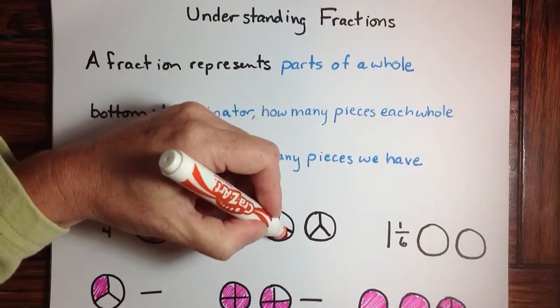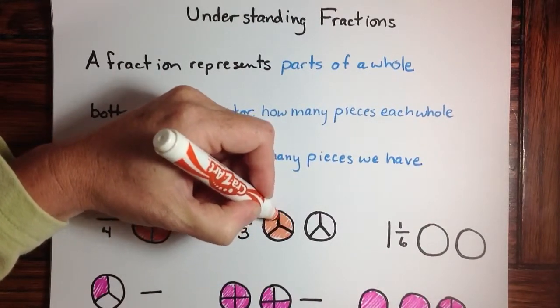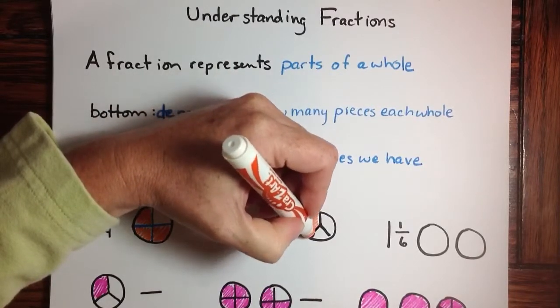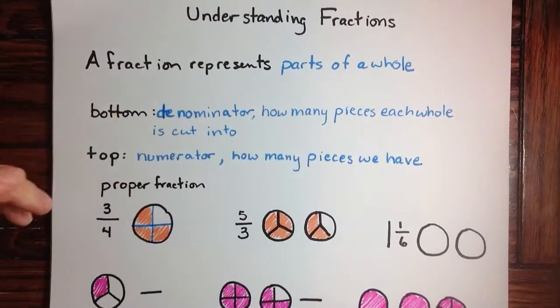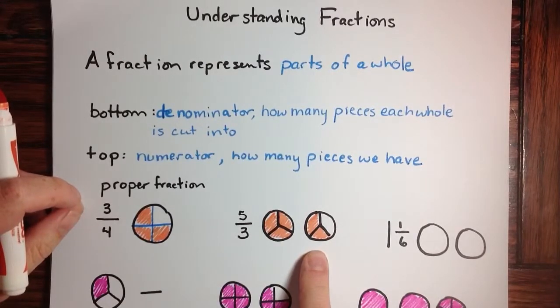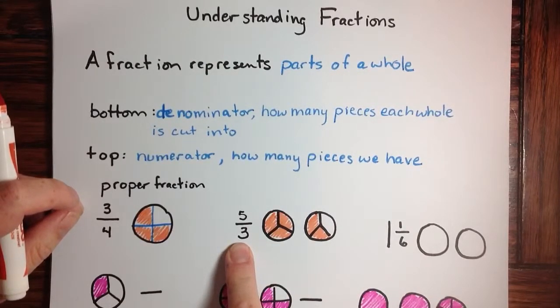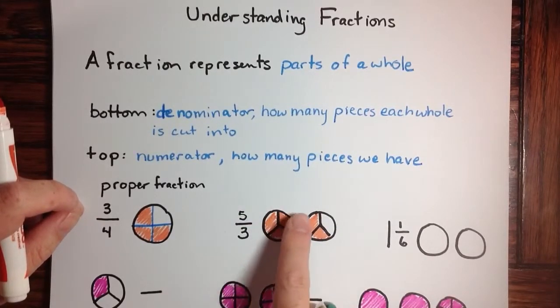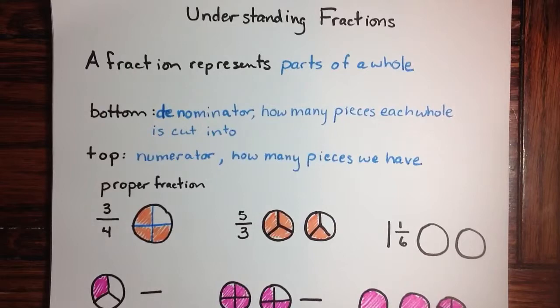So the first circle will give us 3 of them, and then we need a second circle to represent the other 2 pieces. So the representation of 5/3 would be wholes cut into 3 with a total of 5 of those third size pieces.